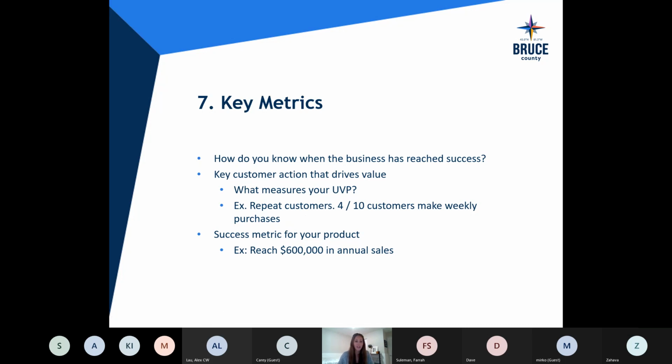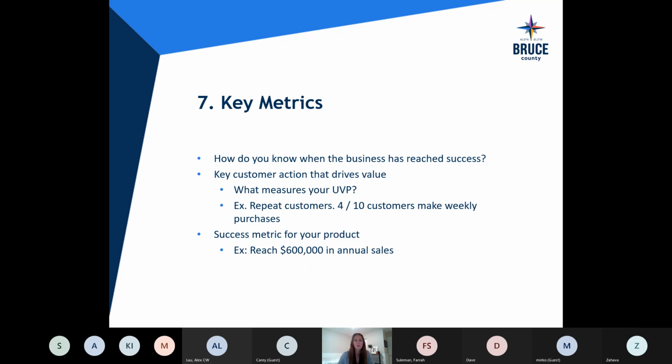That's the key action I need to happen. And what I mean by that is I don't have someone buying 3 weeks of food boxes and then never coming back. I need at least 4 out of 10 of my new customers to be repeat customers.